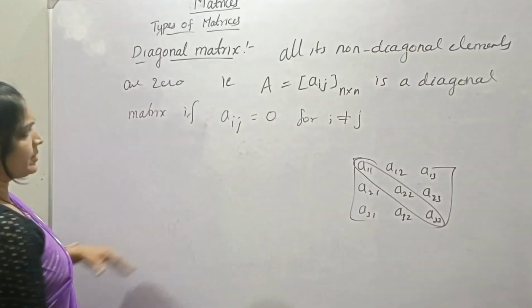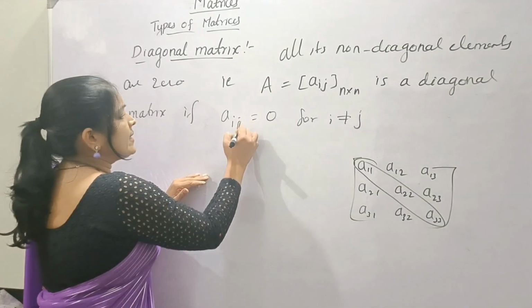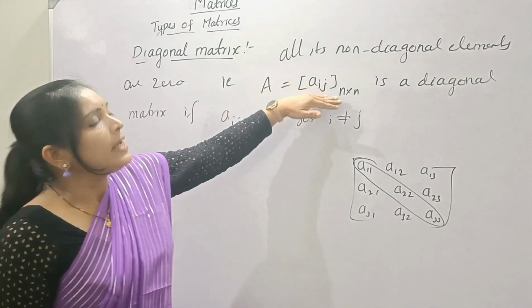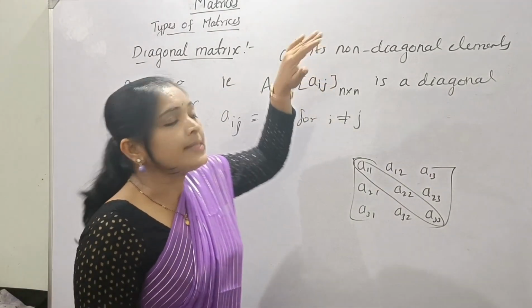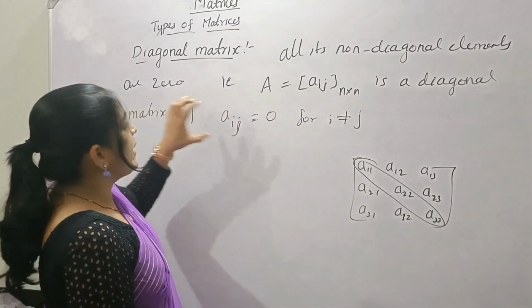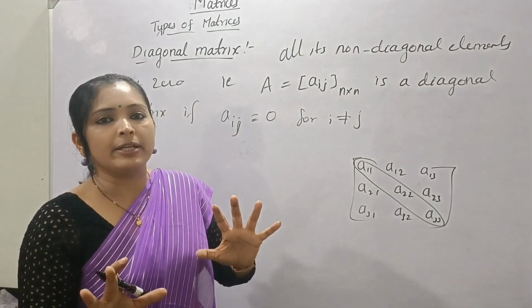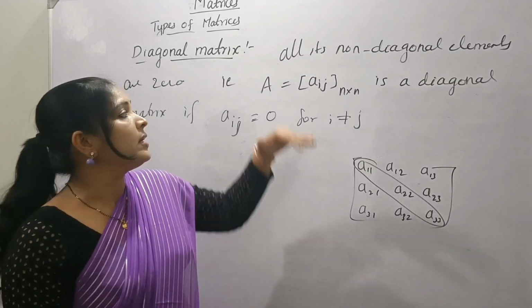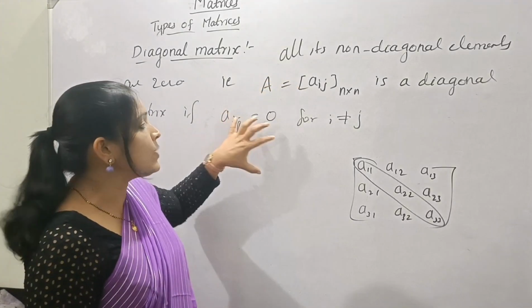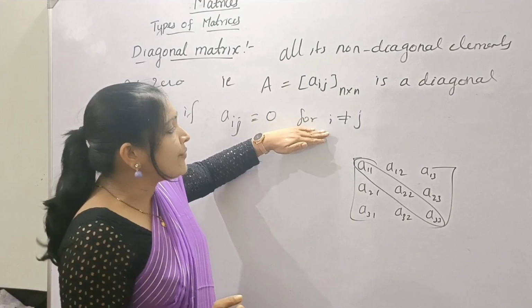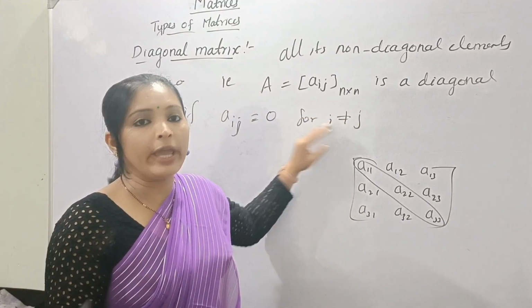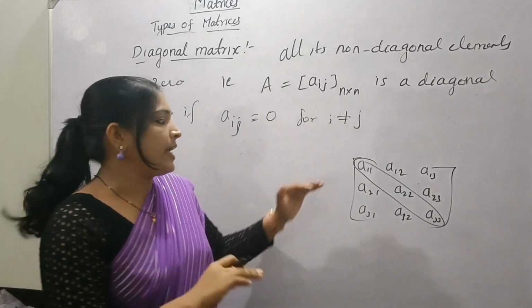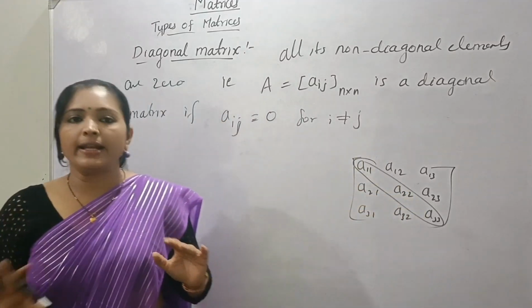Let us take one example. If A is equal to matrix Aij is a diagonal matrix, every element of the matrix is equal to 0 only for i not equal to j, not i equal to j. When i is equal to j, these are diagonal elements.